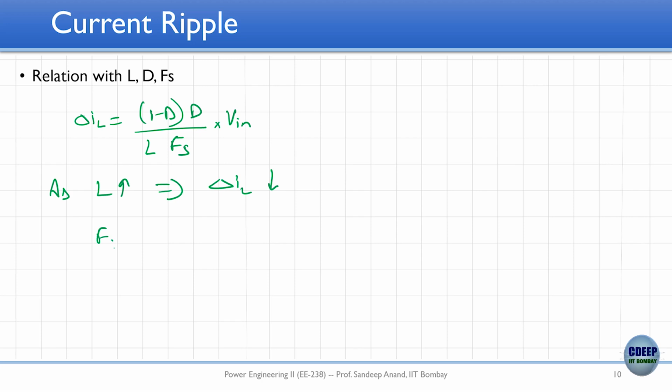As switching frequency increases, ripple reduces. If I have to keep the same ripple for some reason, you can later on see what is the reason, and I want to reduce the inductance, what can I do?